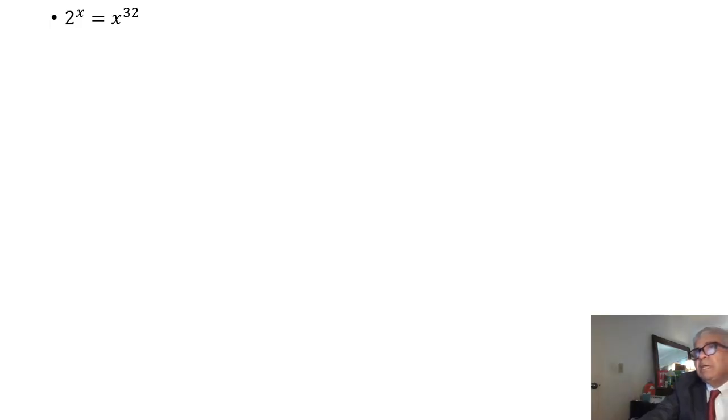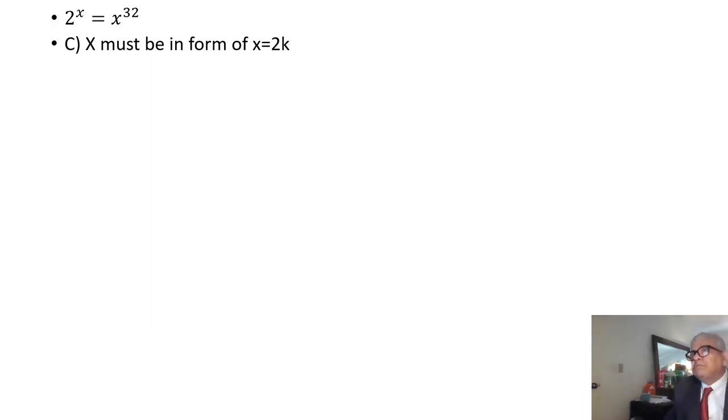Now, going back to our problem, we can say that x must be an even number, or x must be in the form of 2k, because remember in here 2 to the power of x, where x is an integer, gives us a number which is even, because I'm raising 2 to the power of an integer number.